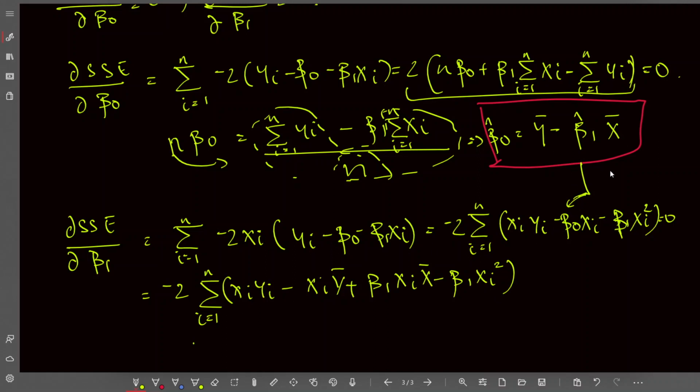I've just substituted the value of beta naught and expanded it. That's all I've done. There's nothing different. It's very simple.